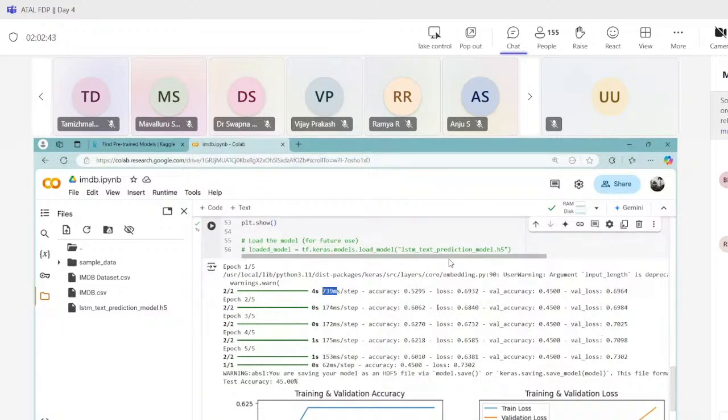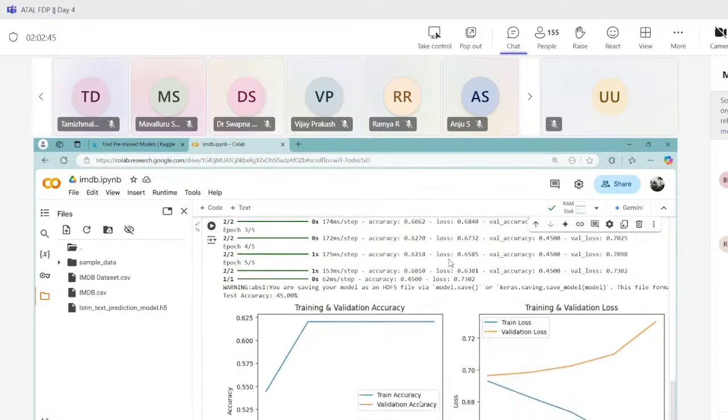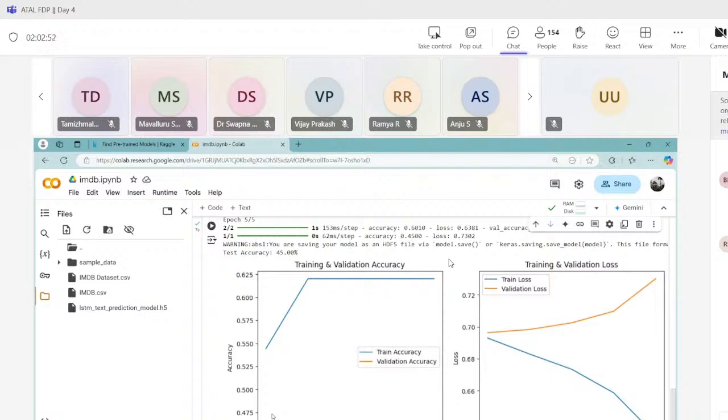So now I have plotted the training and validation accuracy in one part and the training and validation loss in another part. This x-axis is what I have taken from 0 to 5, and then the accuracy ranges over the values taken. In training it has given only 52, 53, 54, 55, an average of 53 at the initial state.